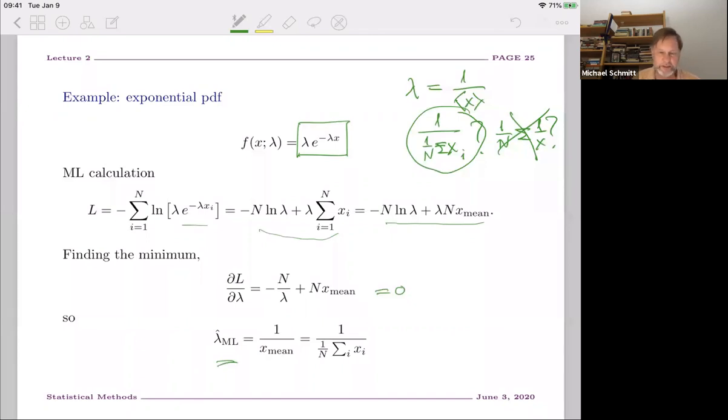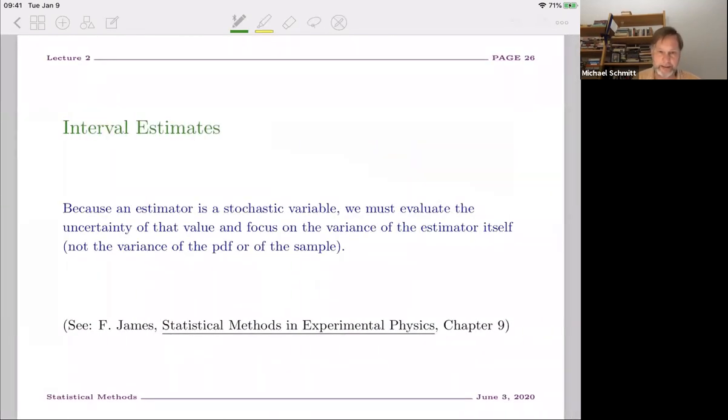Is it very susceptible, so the value is jumping all over the place, or do you always pretty much get the same value? Obviously, the latter case would be better. And so this brings us to talking about an interval which bounds the fluctuations that we expect in our estimator lambda or whatever it may be.